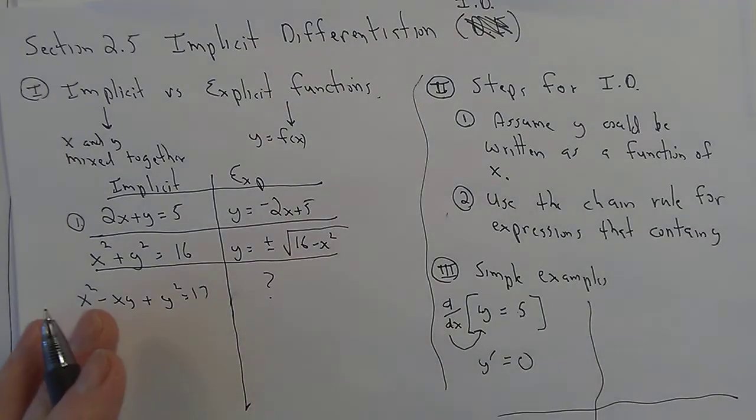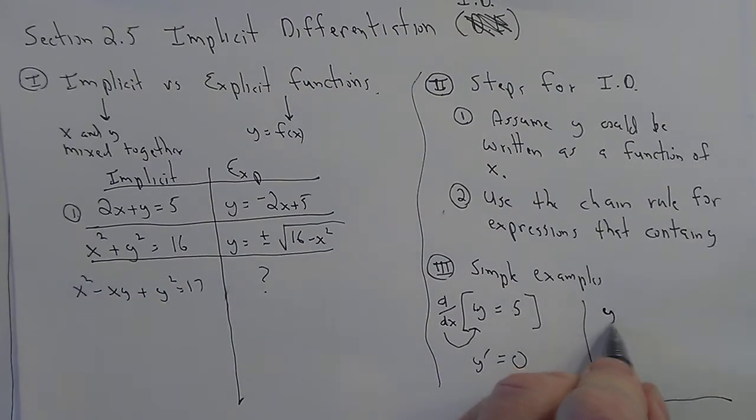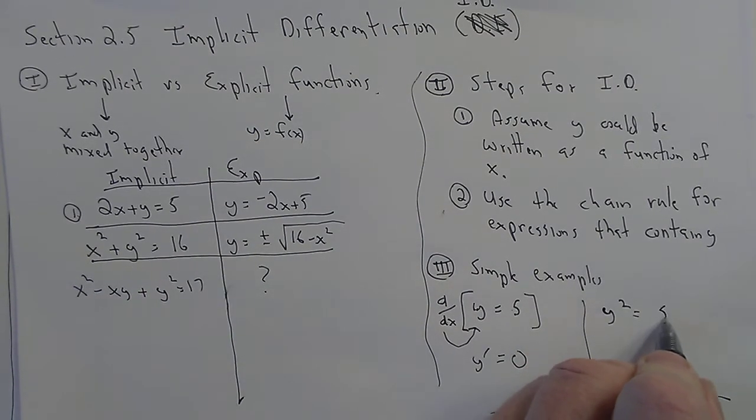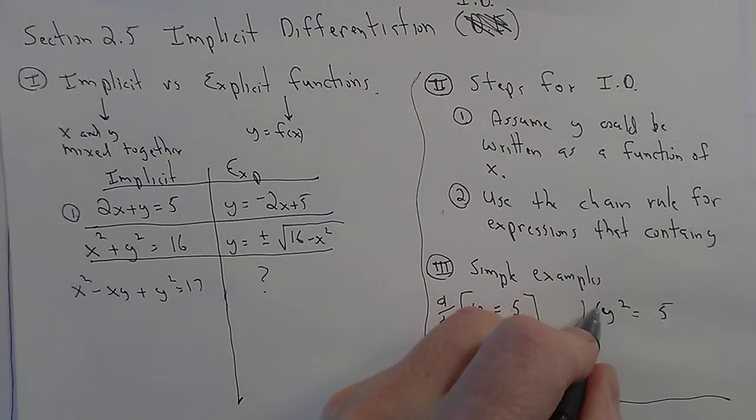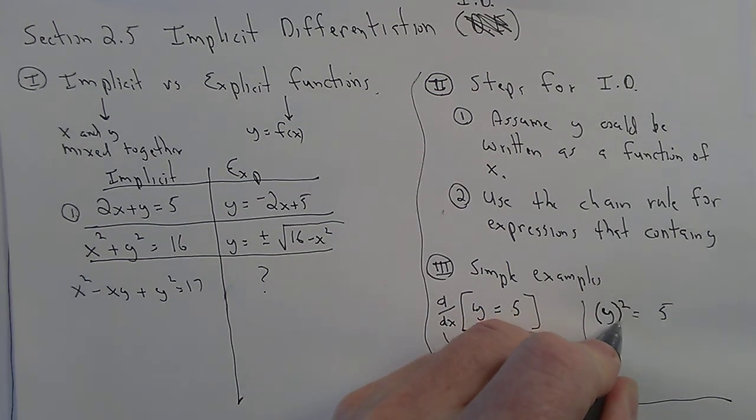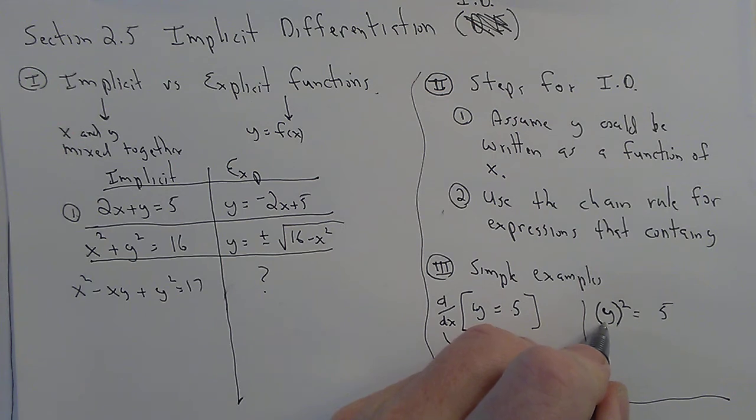Take y squared equals 5. Well, that's not a function with x's in it, but let's assume that y is some function of x. I just don't know what it is. So if I knew what it was, it would be inside a set of parentheses, raised to the second power.